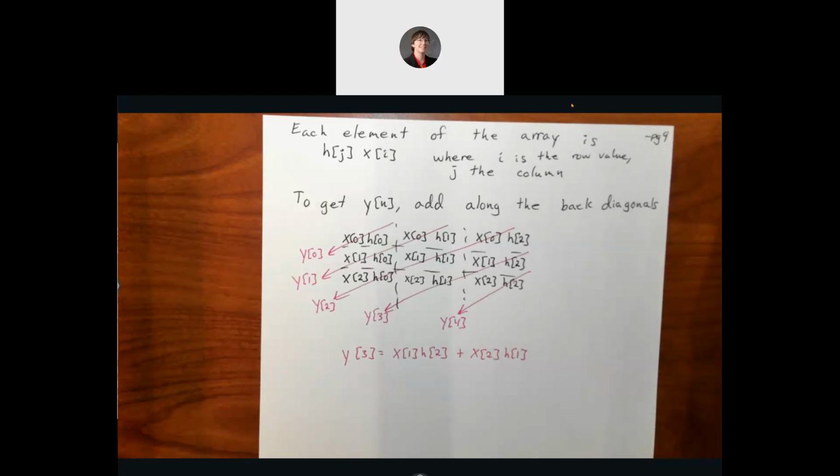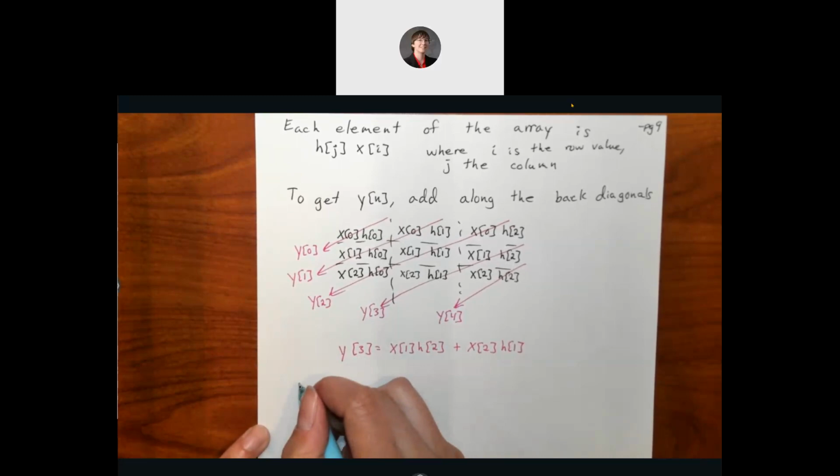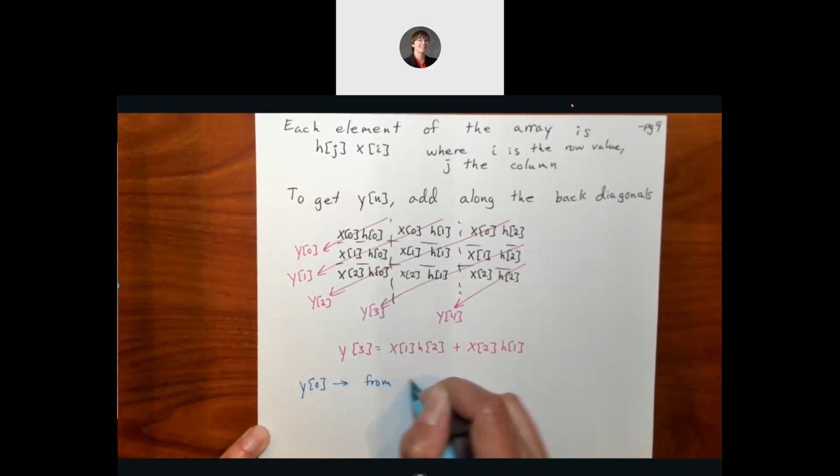So it's maybe a little bit confusing at first when it's more abstract, but once we look at an example with numbers, it'll make a little bit more sense.